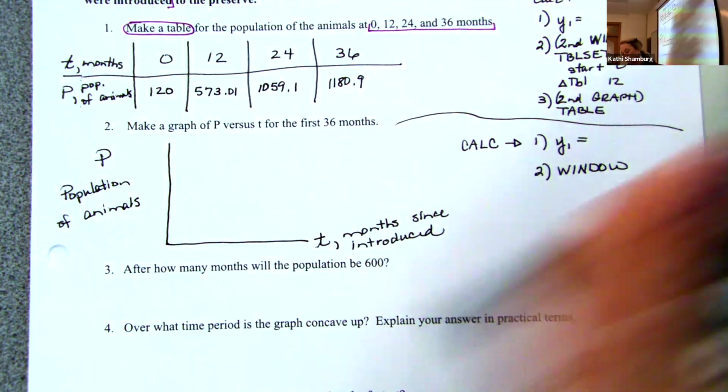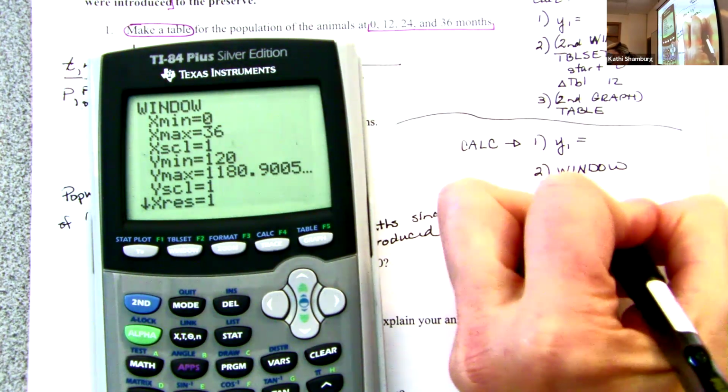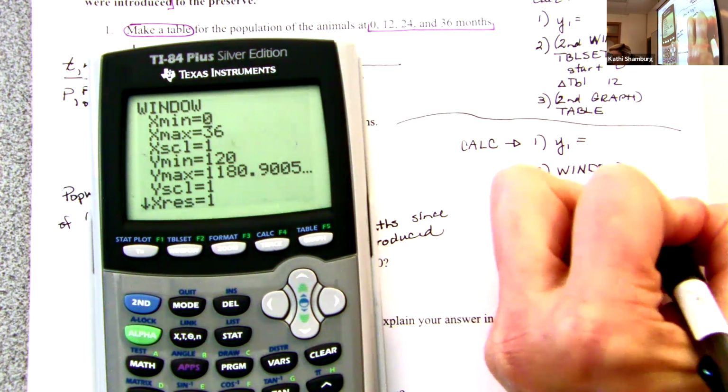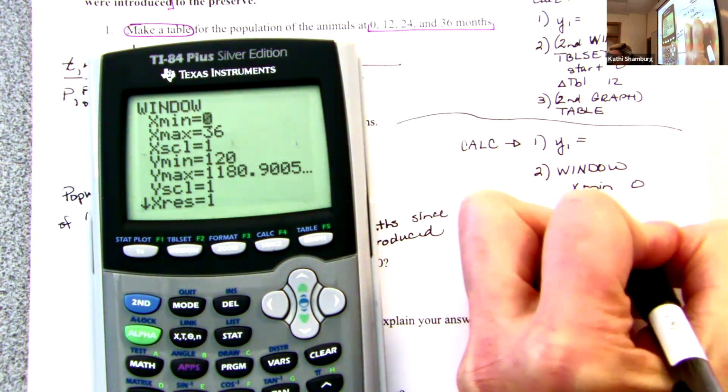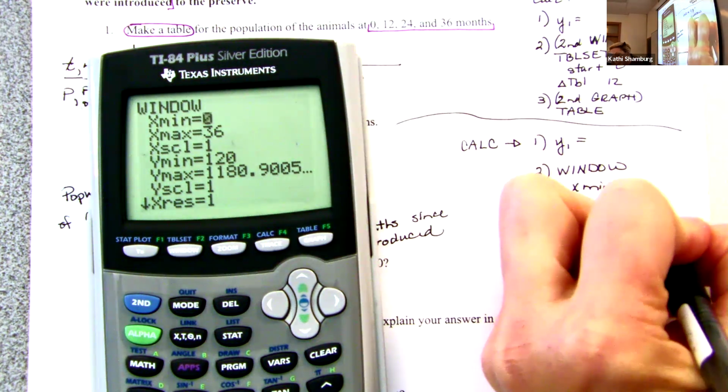When you hit window, it wants your X minimum, which is your variable minimum. So what did we start with? 0, and what was the maximum we want to be concerned with? 36.